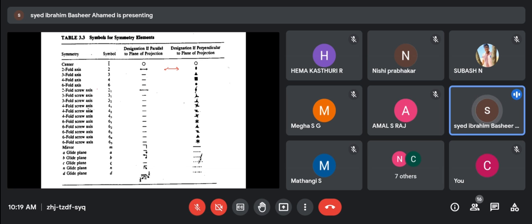Okay. And for the screw axis, you can see 2-1. So 2-1 is the oval shape which is extended, having an extended line. I'm sorry, this drawing is not handy.